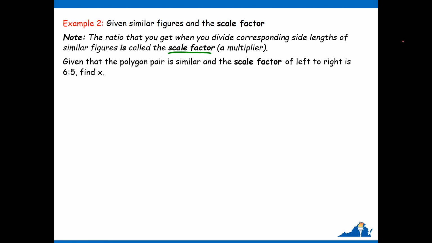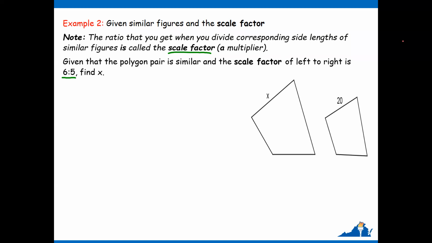Looking at the given problem: given that the polygon pair is similar and the scale factor of left to right is 6:5, find x. Those are the 2 polygons. x is the side given, and on the other polygon, 20 is given. In this case, x corresponds to 20.